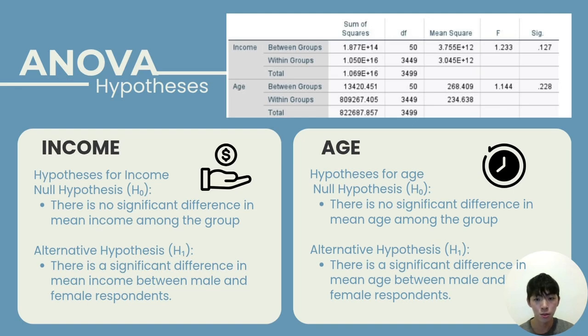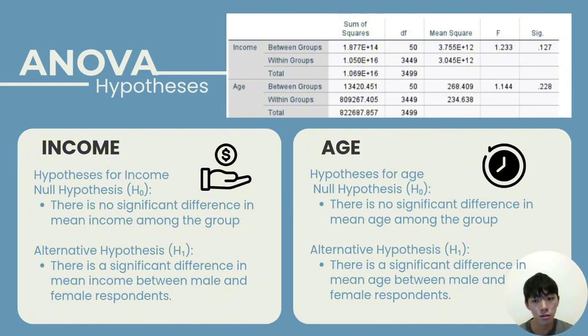For income, the null hypothesis is that there are no significant differences in mean income among the groups. The alternative hypothesis is that there are significant differences in mean income between male and female respondents.